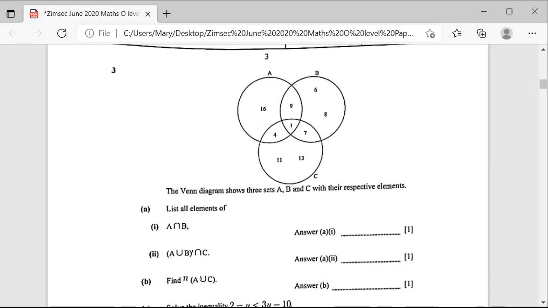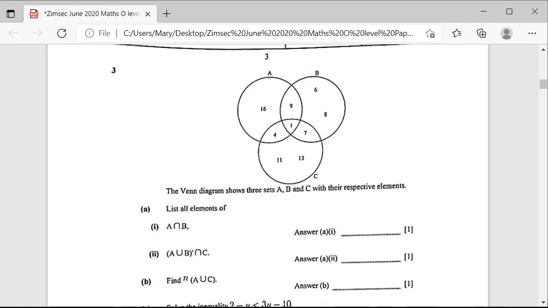The numbers that intersect at A and B are 9 and 1. The intersection of B and C is 1 and 7. And the intersection of A and C is 1 and 4.